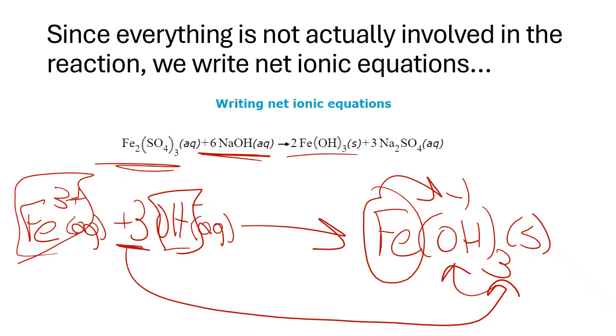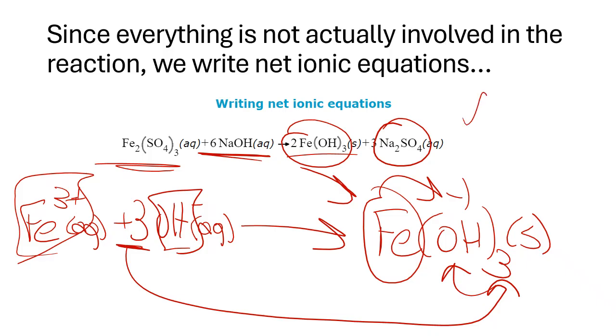One last question I'm going to ask is, what are the spectator ions? Besides the solid formed, the things that did nothing. On the right there we have that Na2SO4. That looks like a compound that does nothing, just watching, spectating in the solution.